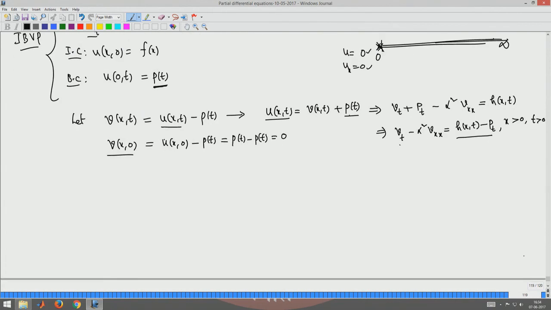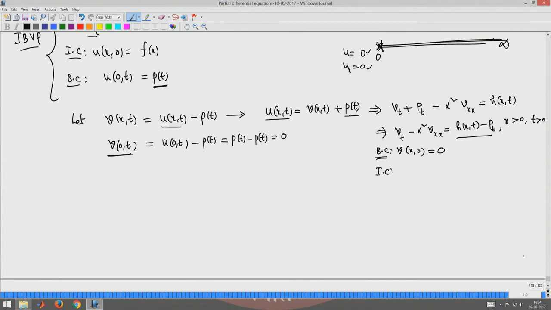So, what you have is this one. v satisfies this equation, and I see that this initial data is v at x 0 equal to 0. Okay. Not initial data, this should be boundary data, right, v at 0 t. u at 0 t is p t. So, the boundary data becomes this one, the boundary condition is this.